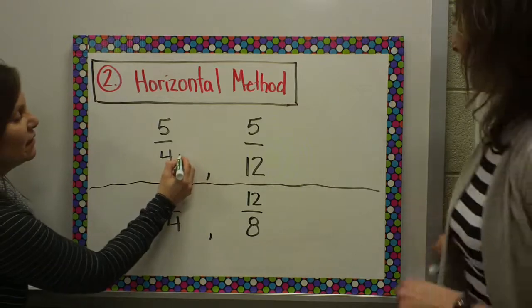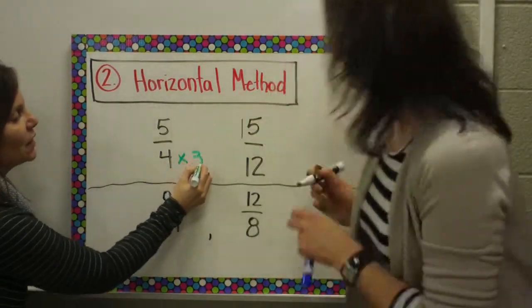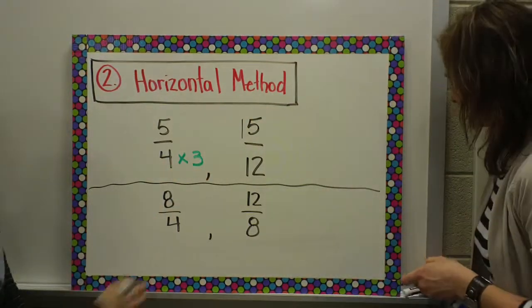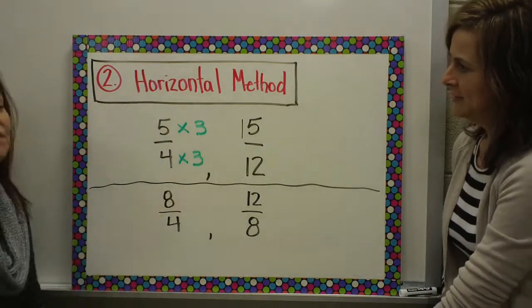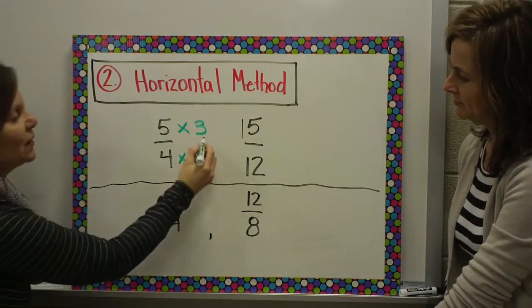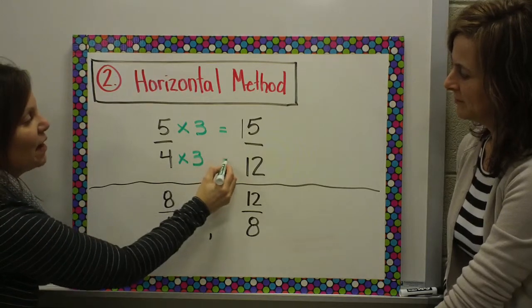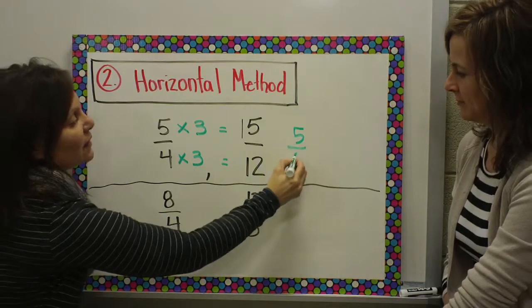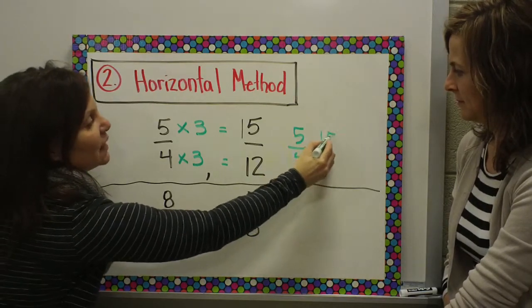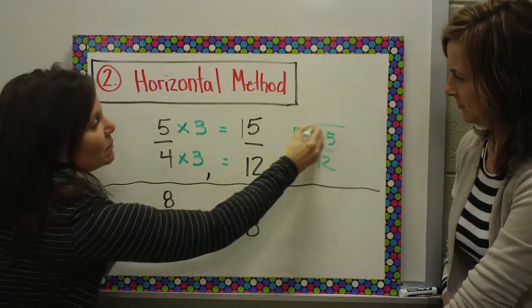If I did, 4 times 3 is 12, so 5 times 3 is 15. So I notice that these are now equal. I can write here 5/4 is the same as 15/12.